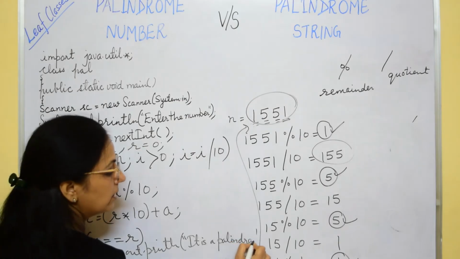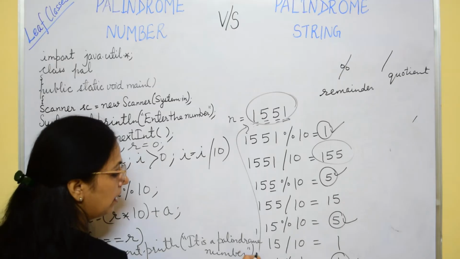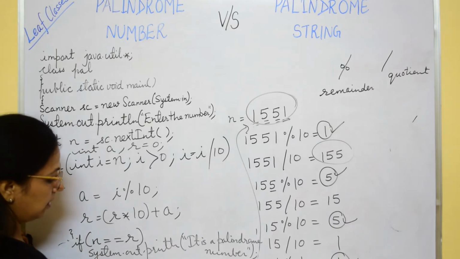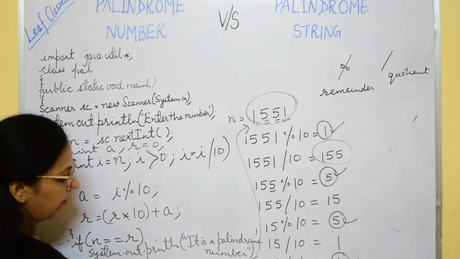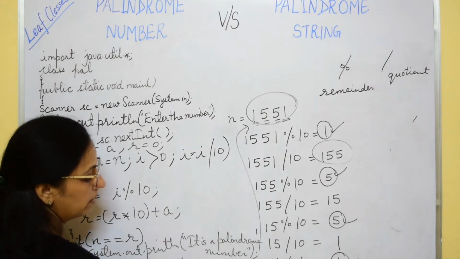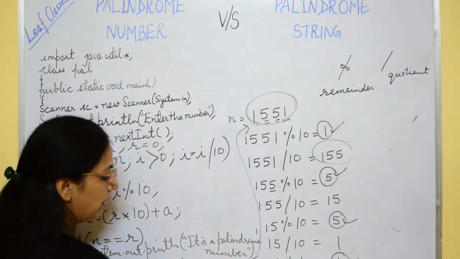Otherwise, we write an else statement, else print: not a palindrome number, right?